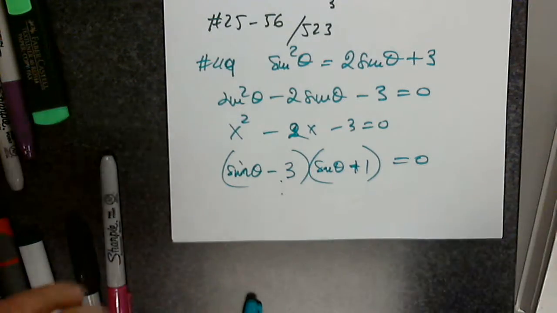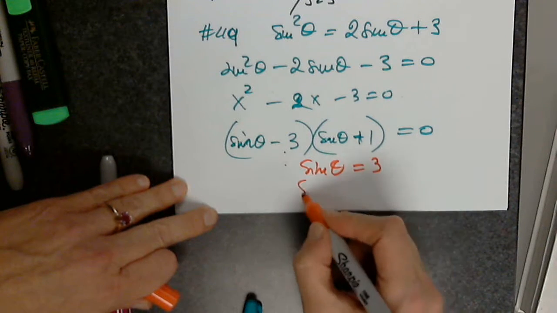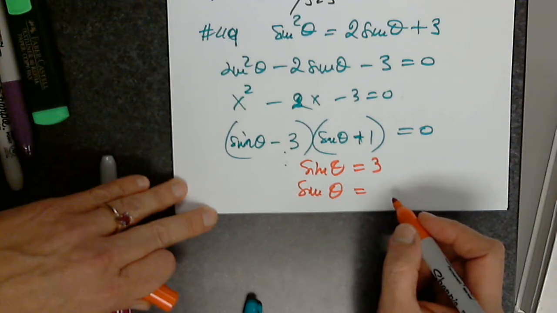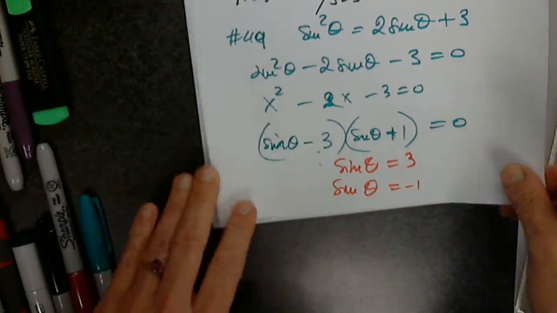So now I have 2 solutions for sine. Sine theta equals 3, and sine theta equals -1. Excellent. Okay, let's look at the first one. Any suggestions for the first one?